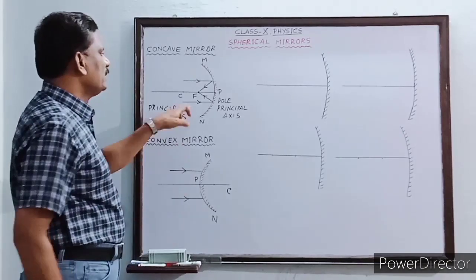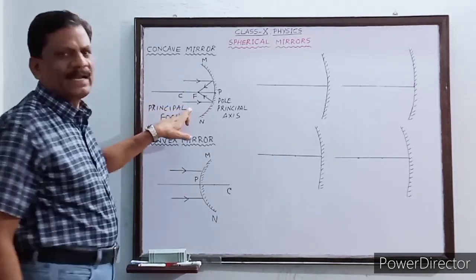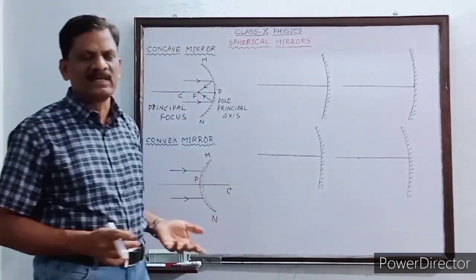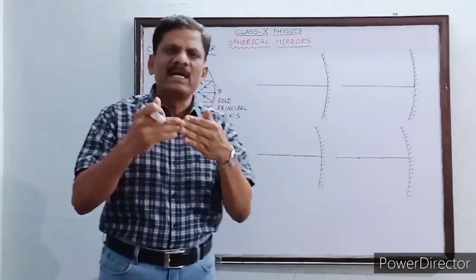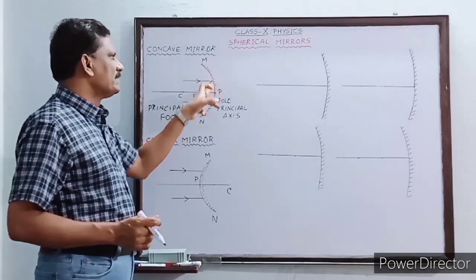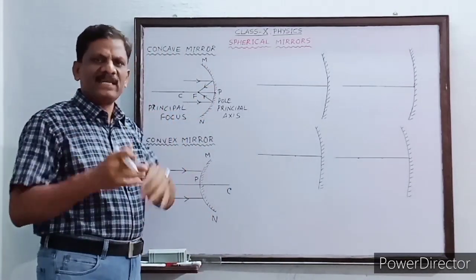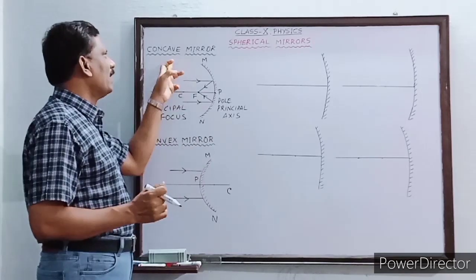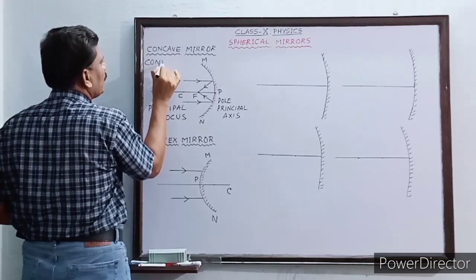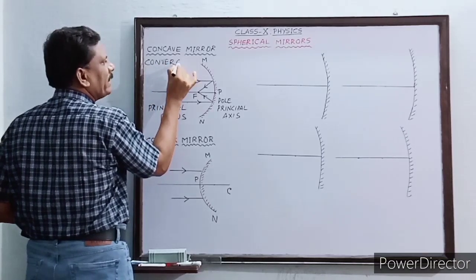Now, in this mirror, all the parallel rays which are incident on the reflecting or concave surface are converging at a point. That point is F. Since all the reflected rays are converging and meeting at a point, the concave mirror is also called a converging mirror.